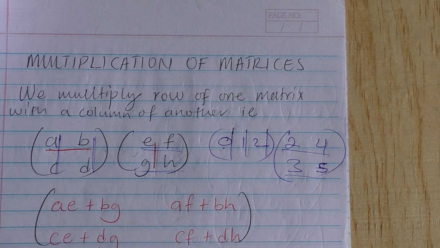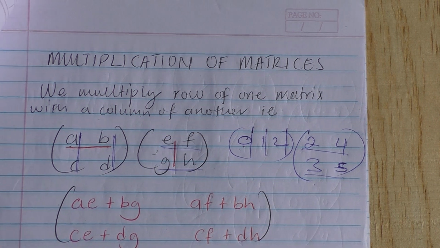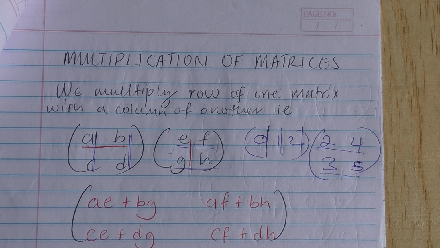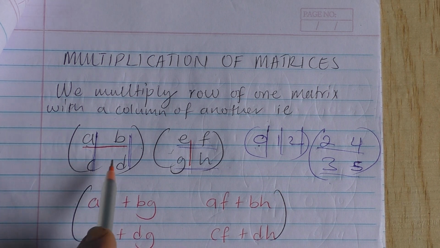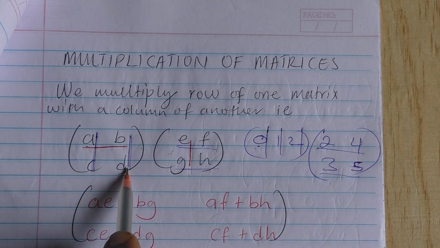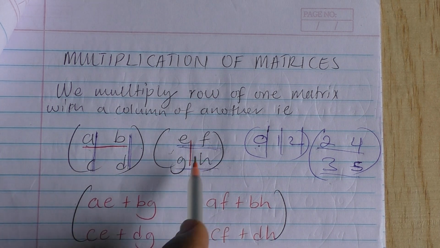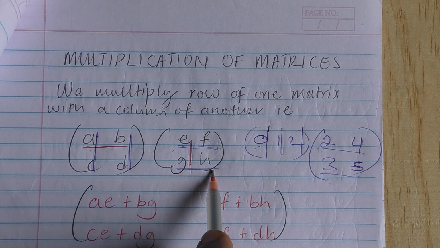Therefore, we multiply matrices only if the number of columns in the first is equal to the number of rows in the second. That is the principle. Please take it carefully.